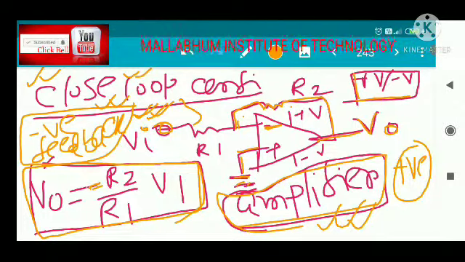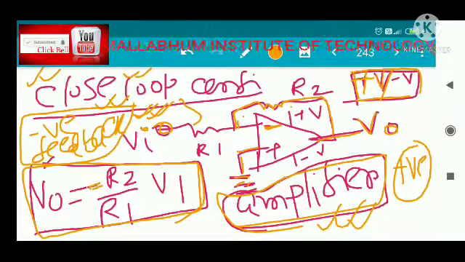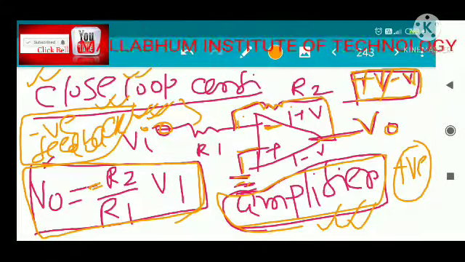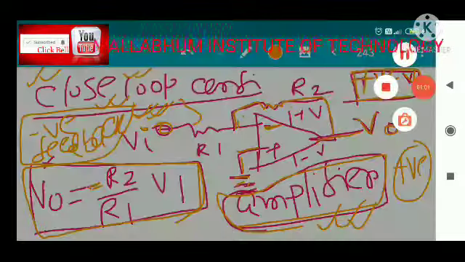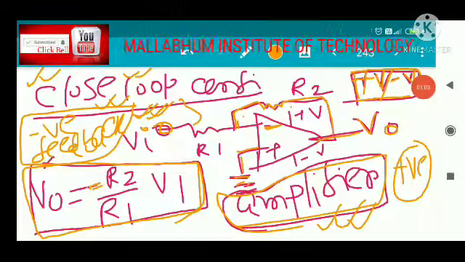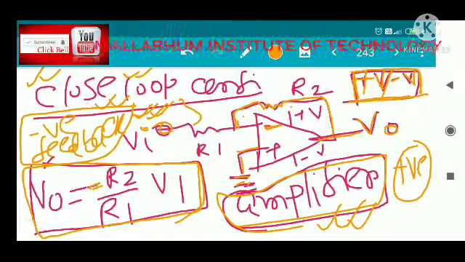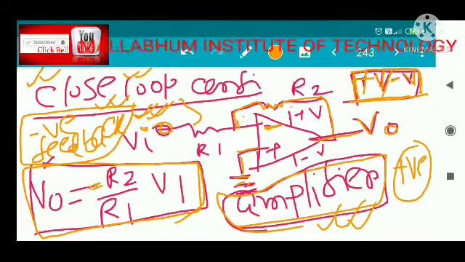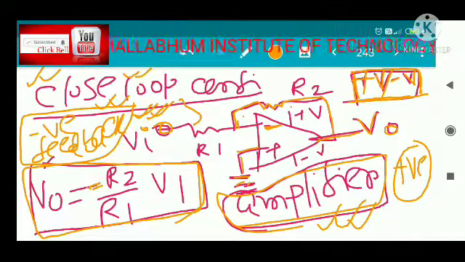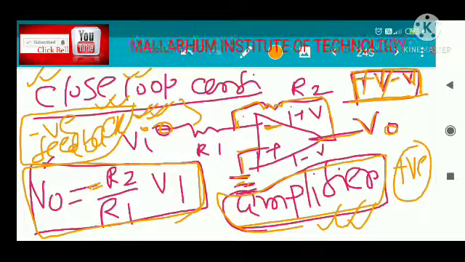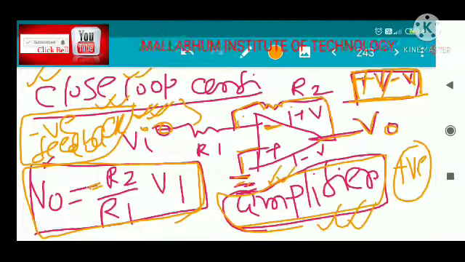The only disadvantage is that the output voltage cannot exceed plus V sat or minus V sat. Other than that, the operational amplifier in the closed loop configuration with negative feedback can be used as an amplifier.